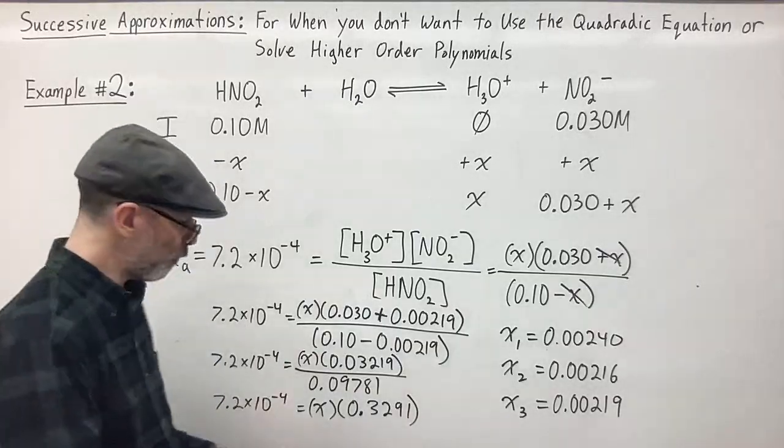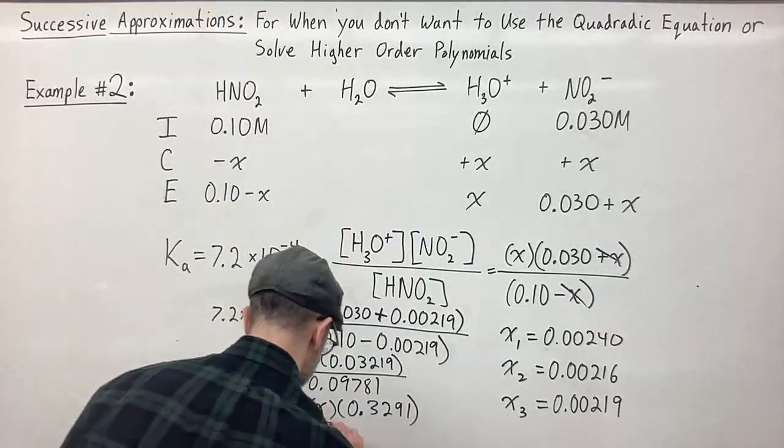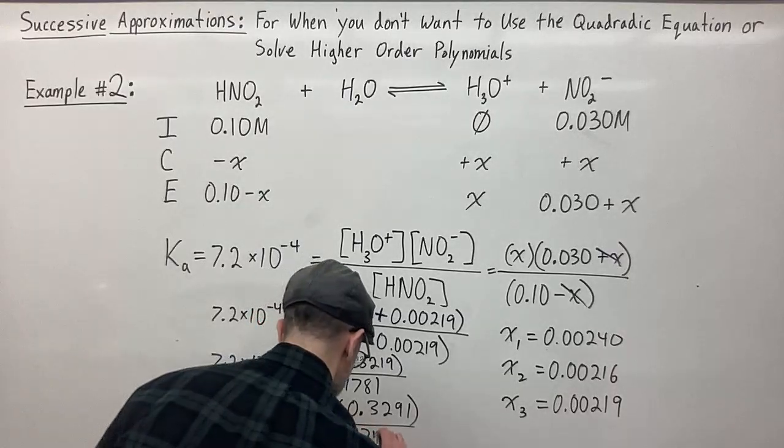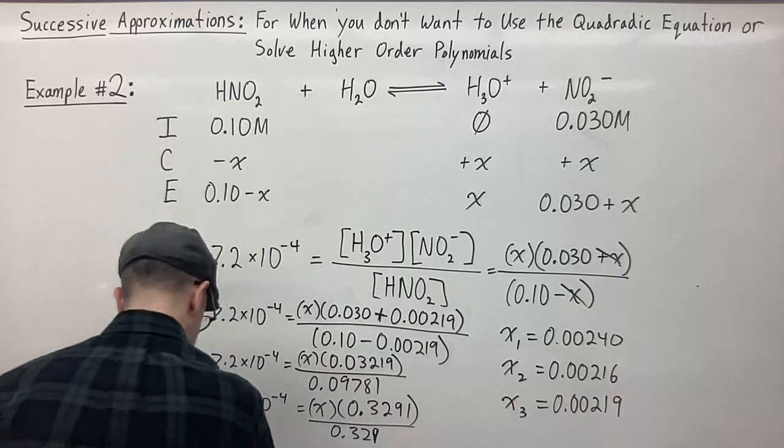And now we're going to divide both sides by 0.3291.